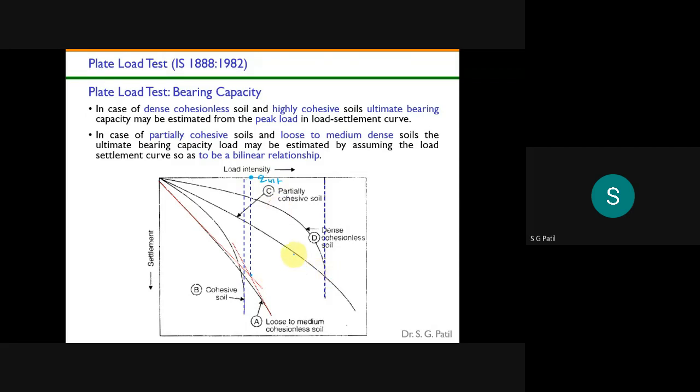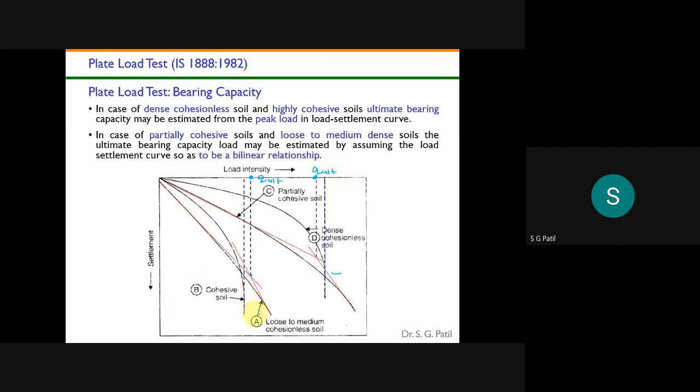Similarly for this partially cohesive soil, you see this red dotted line. This red dotted line is the first tangent at the initial stage of the curve, and the second dotted red line is the tangent for this portion of the curve. Where they meet, that will be your Q ultimate.